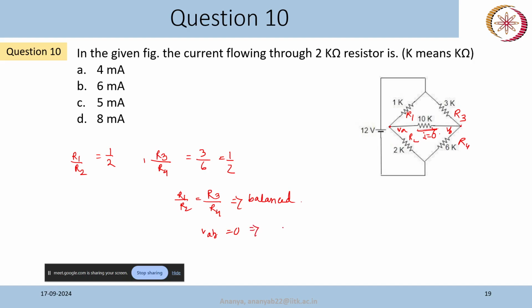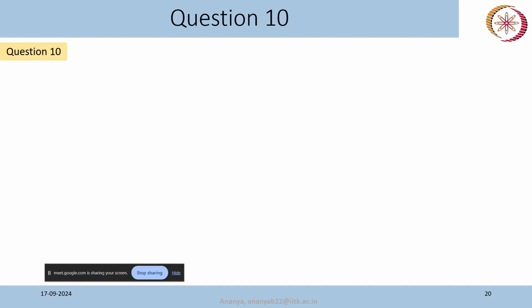So the current through the 10 kilo ohm resistor is equal to 0. There is no voltage difference, that means current is 0, right? As simple as that.